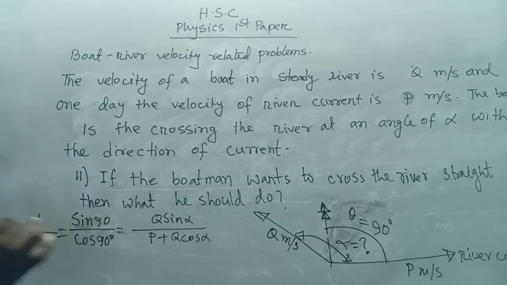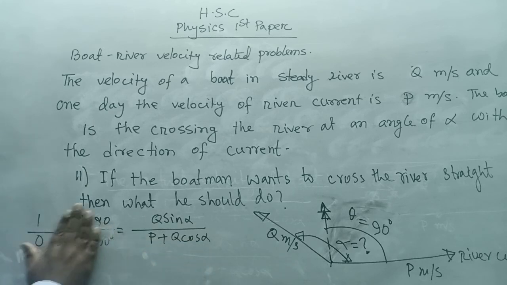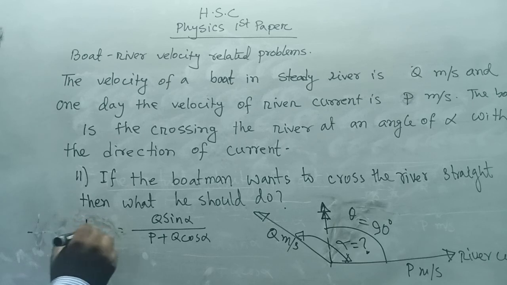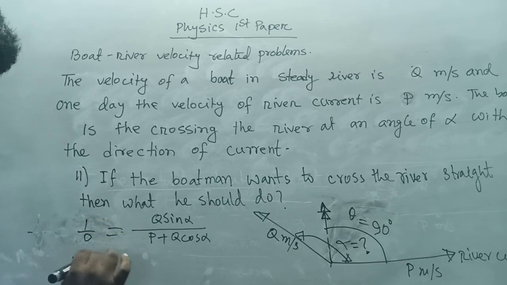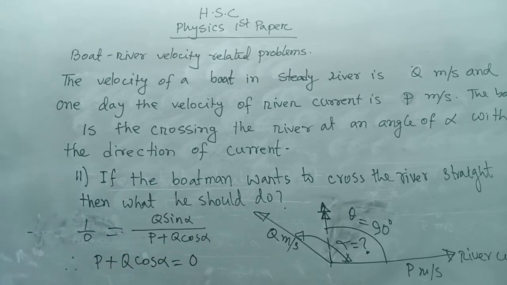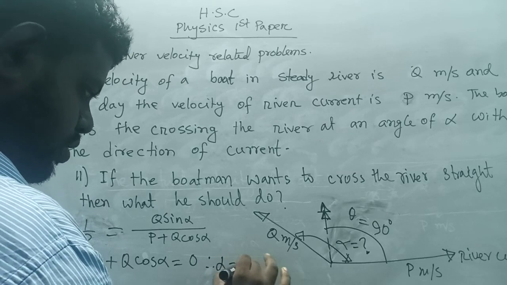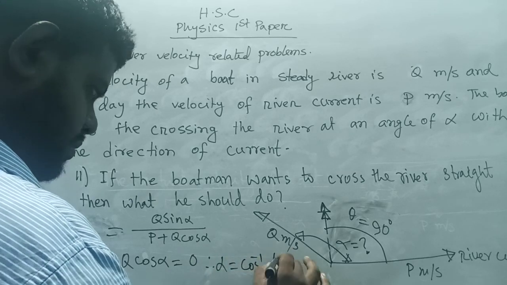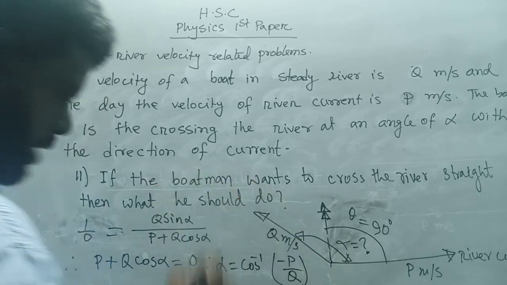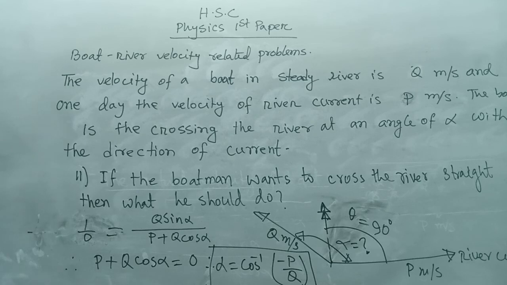And we know sin 90 is equal to 1 and cos 90 is equal to 0. So by simplification, I can write that P plus Q cos alpha equals 0. That means alpha is equal to cos inverse of minus P by Q. So at angle alpha, he should go to cross the river straight.